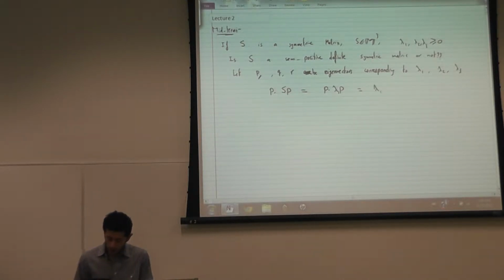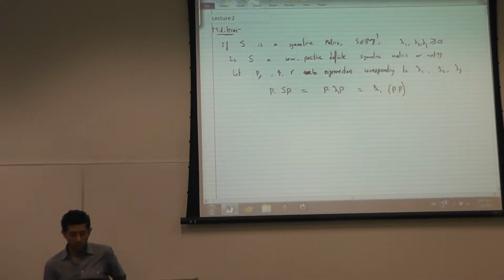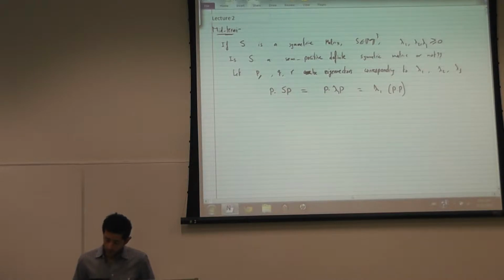I can take lambda 1 here. The dot product between the vector and itself is always greater than 0, and P is not equal to 0. So this is greater than or equal to 0, and this is true for Q dot SQ and R dot SR.